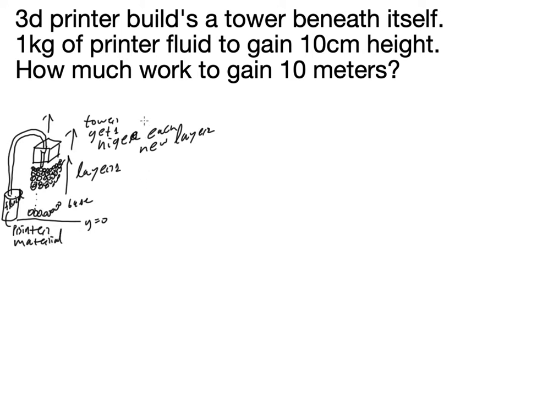All right, we want to feed that material into the printer. And what we found out is that the tower is going to be built beneath itself. And it takes 1 kilogram of printer material, or this printer fluid, think of it as like a glue or something, to gain 10 centimeters in height. Okay, so we should note that 10 centimeters is actually 0.1 meter, right? It's a tenth of a meter.